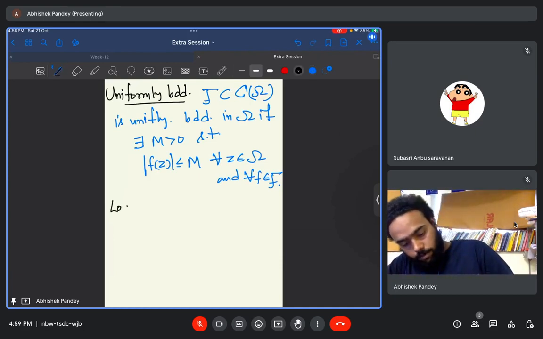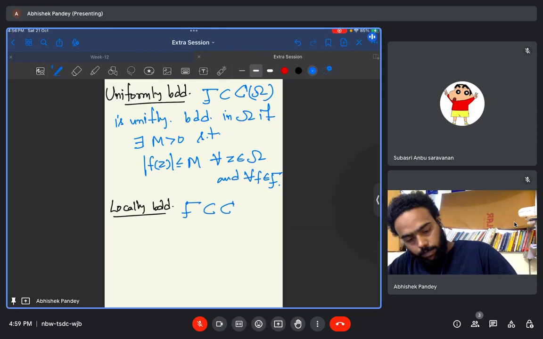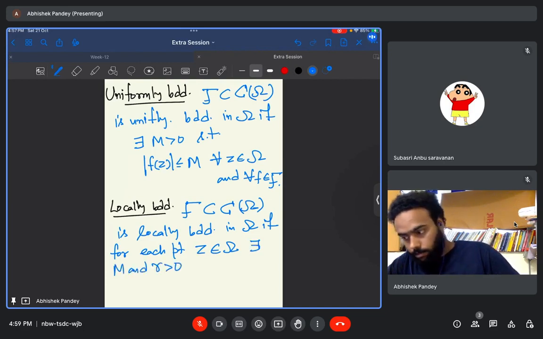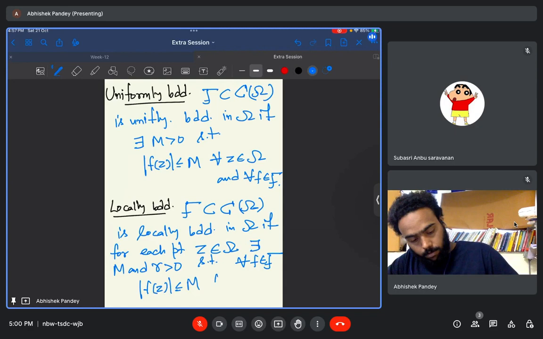Next term is locally bounded. A family F in C(Ω) is locally bounded in Ω if for each point z0 belonging to Ω there exist M and r positive such that for every f belonging to F, |f(z)| is less than or equal to M for |z − z0| less than r.